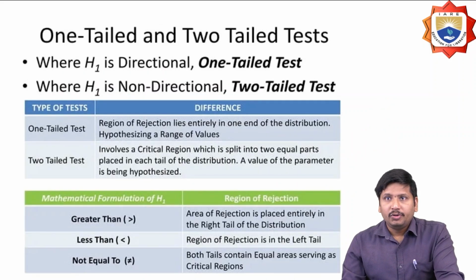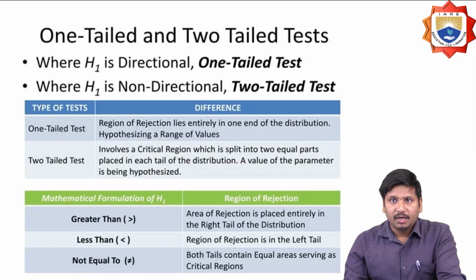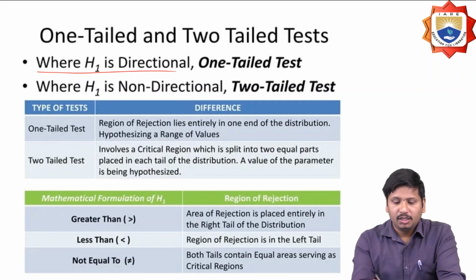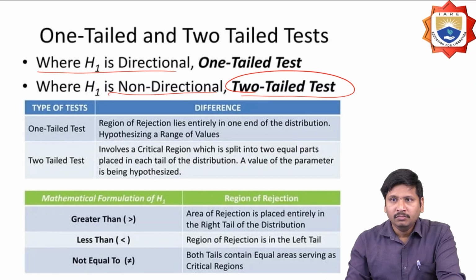Next I'm going to discuss two types of tests: the one tail test and the two tail test. Where H1 is directional, that is called a one tail test, and where H1 is non-directional, I perform a two tail test.